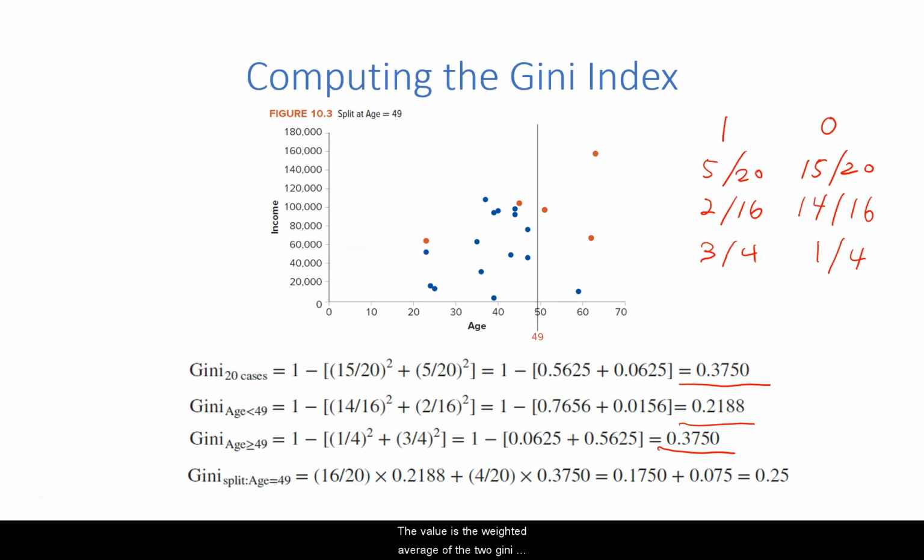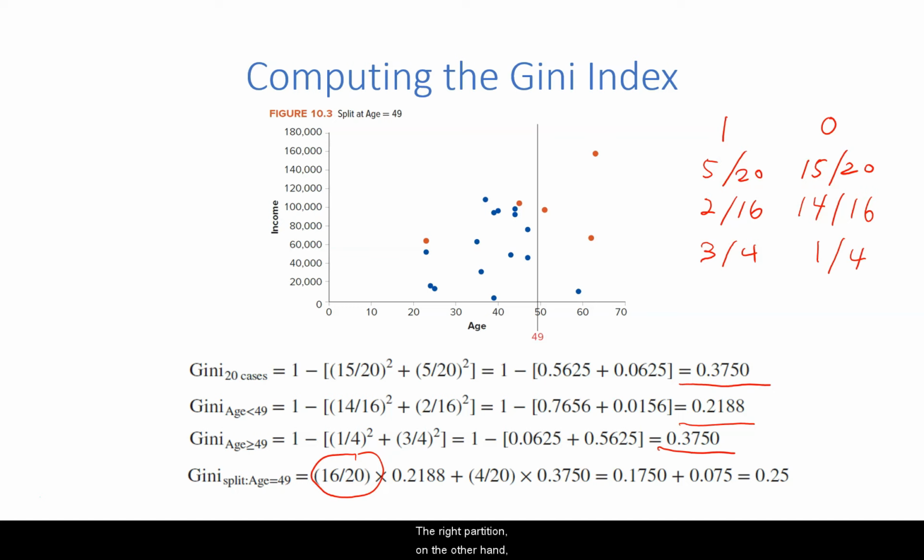This value is the weighted average of the two Gini indexes using the proportion of cases as their weights. For example, the left partition contains 16 cases, which is 16 out of 20 of the entire dataset. Therefore, it is given the weight of 16 over 20, or 0.8.